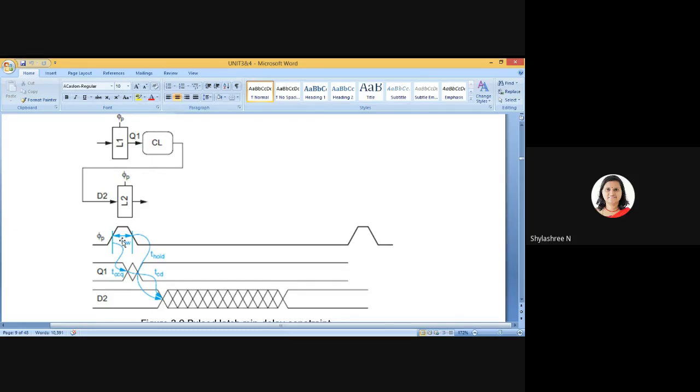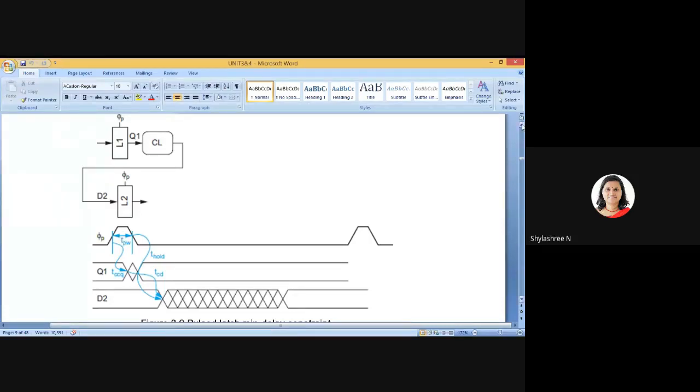So what is the equation you can expect over here? Plus TPW, exactly correct. It is plus TPW. Your TCD should be greater than or equal to T hold minus TCCQ plus TPW, because it is going to increase the hold time of the system.